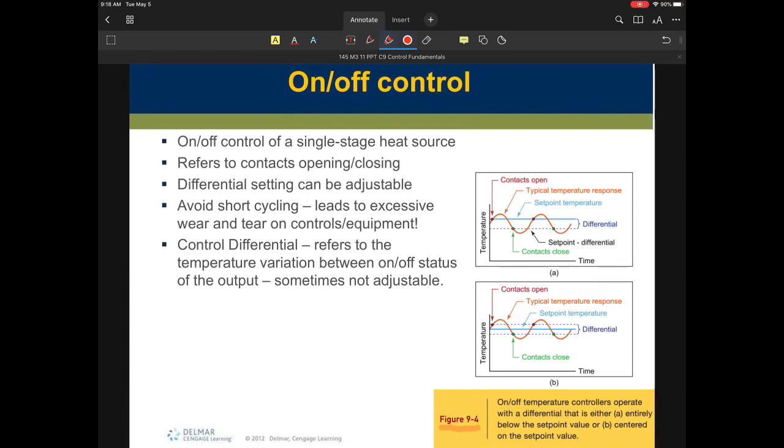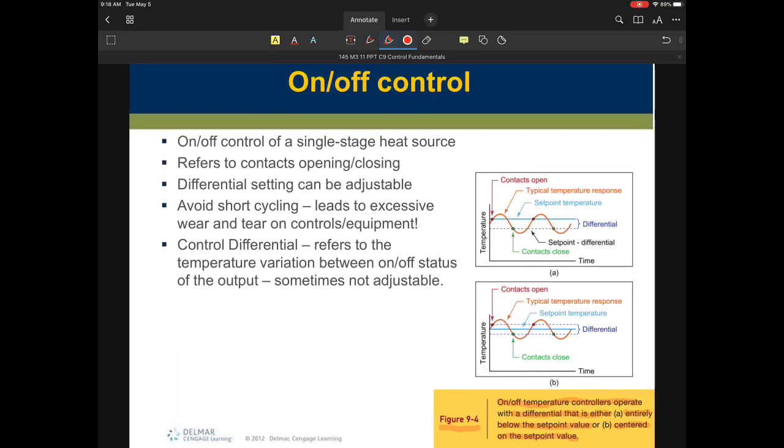So you'll notice in the figure to the right, figure 9.4, what we're looking at is a differential on this application. On-off temperature control operates with a differential that's either going to be entirely below the set point or centered on the set point.